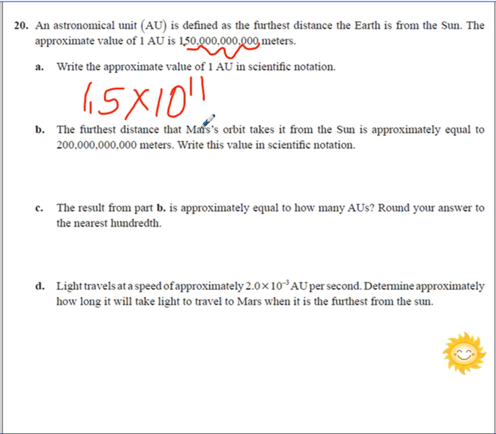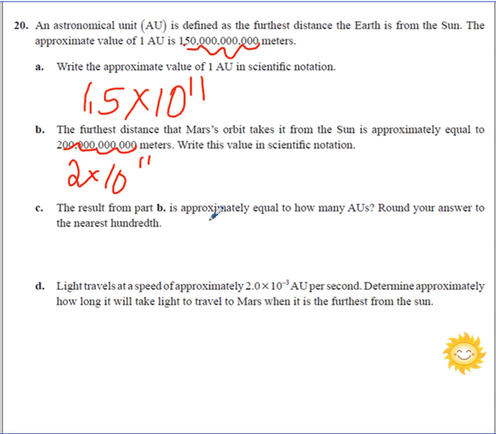The furthest distance that Mars' orbit takes it from the Sun is approximately equal to 200 billion meters. Write this in scientific notation, so we see a 2 and nothing else, times 10, and again we have 3, 6, 9, 10, 11.